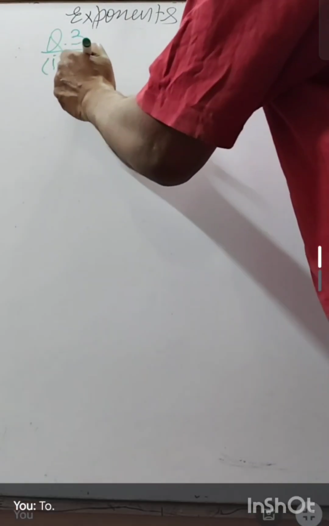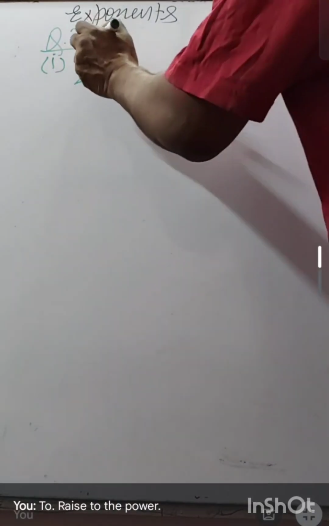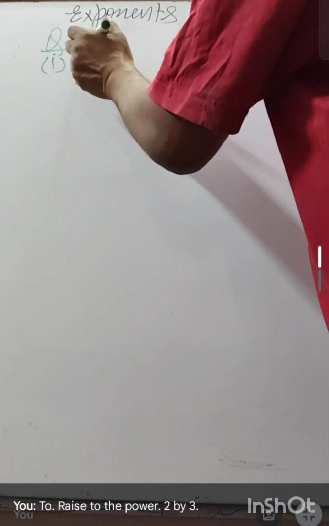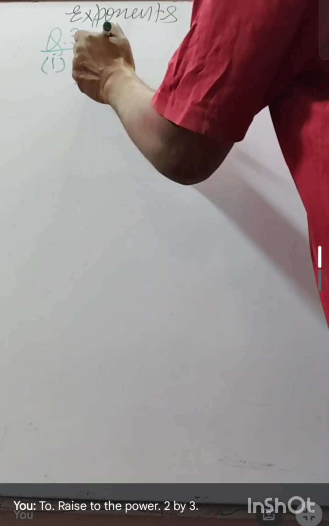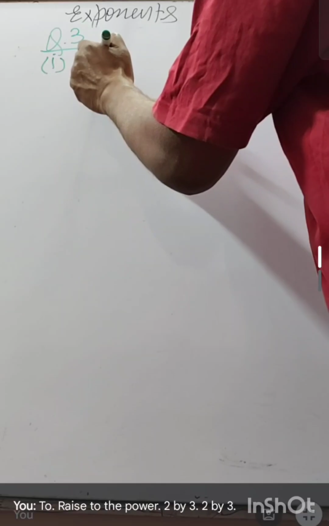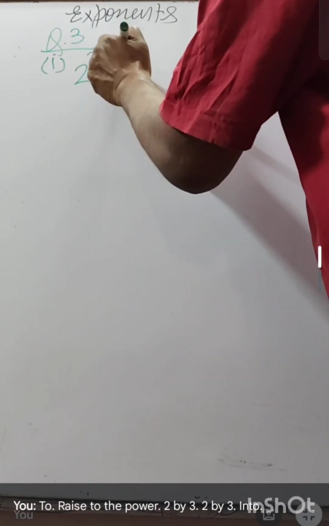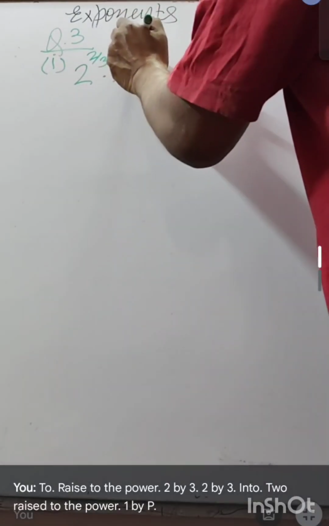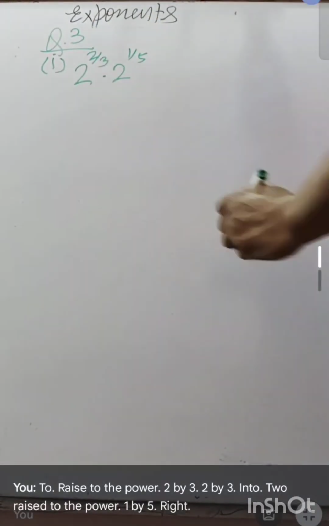2 raised to the power 2 by 3 into 2 raised to the power 1 by 5. Right?